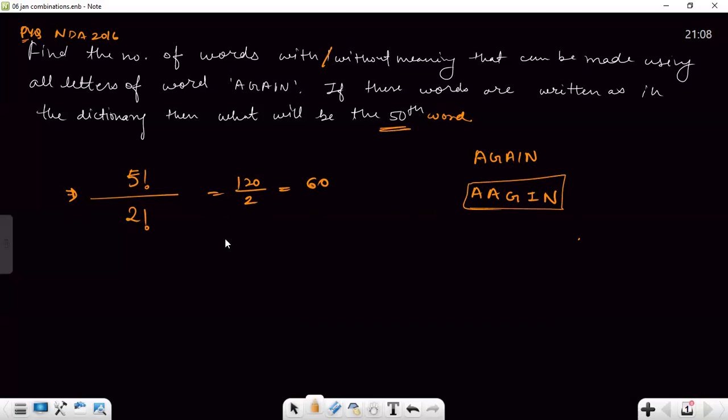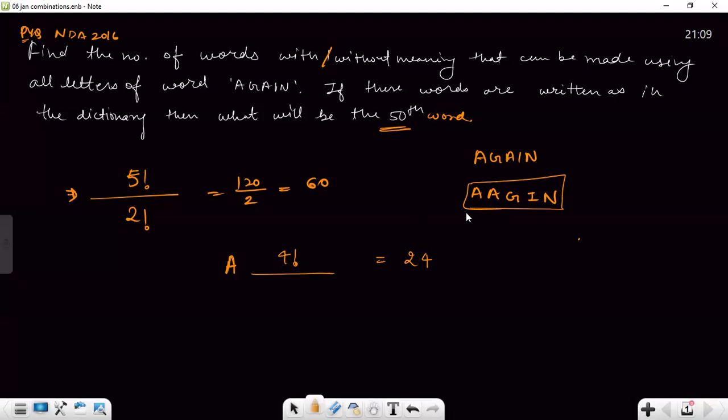See how many words we'll be able to make with A as the initial letter. After A being the initial letter, how many other letters are remaining? 4 letters are remaining, 4 places. So 4 factorial. Okay, cool. So 4 factorial is 24 words. But we need to go to the 50th word.